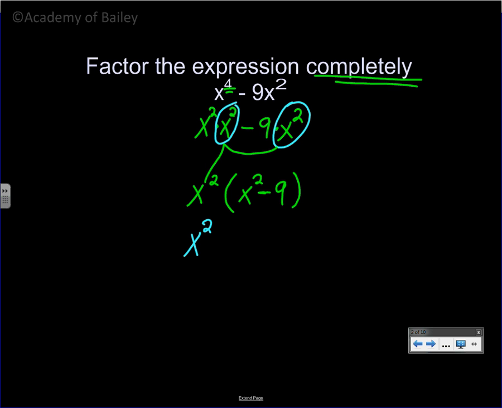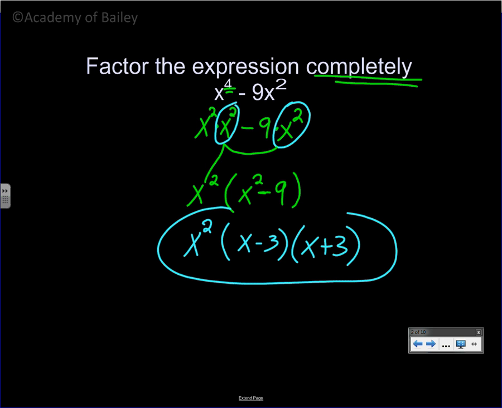So we just drop down x squared. Now, x squared minus 9 will factor into x minus 3, x plus 3. You should already have this memorized and know that when you have the difference of perfect squares, it factors down quickly like this. And so now you have factored completely.